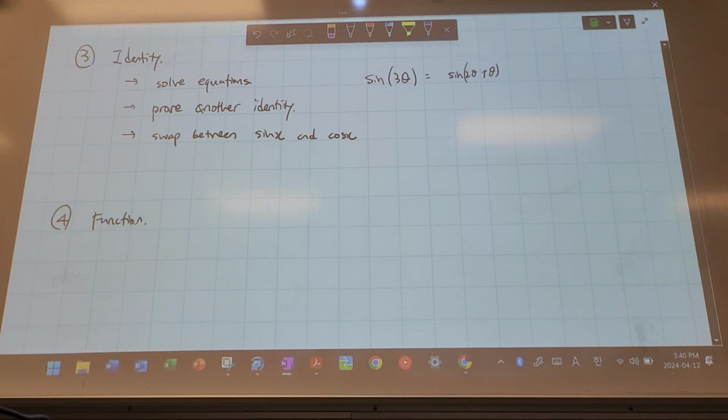So when we have the trig function, we need to talk about some characteristics of it. We have things like amplitude, the period, the phase shift, as well as the vertical translation.